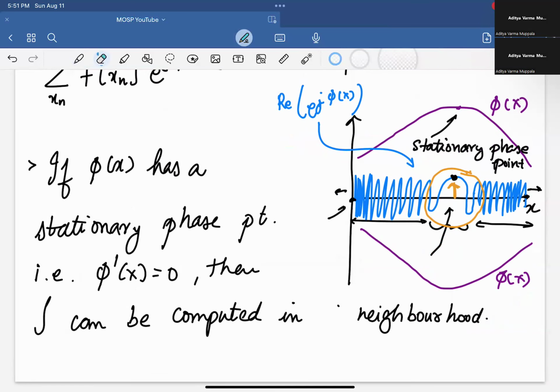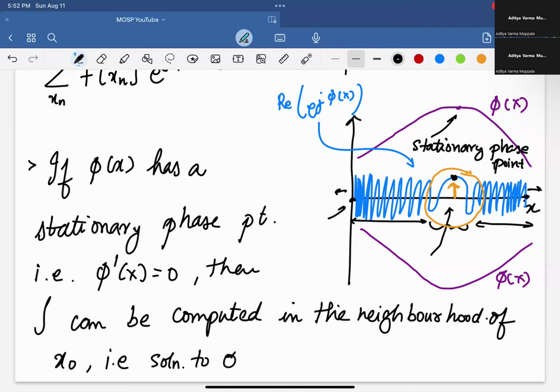Or I should say in the neighborhood of x naught, i.e. x naught is the solution to phi prime of x equal to 0.